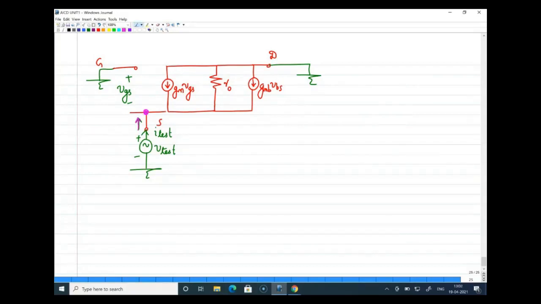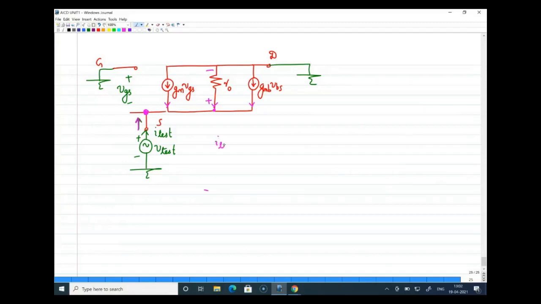Now what are the currents in the opposite direction? The voltage across R0 is also Vtest, because R0 is connected between source and ground. So this is plus, this is minus, and this is Vtest. The current is flowing in this direction for all of these: gm VGS current, Vtest by R0 current, and gmb VBS current. These are the incoming currents, and Itest is flowing in this direction.